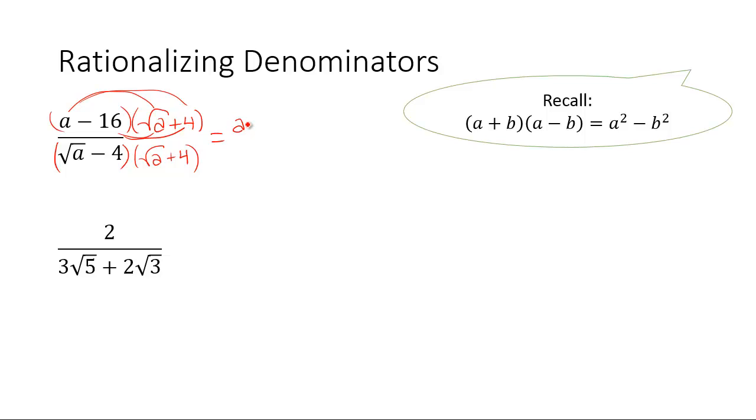So first times first gives you a root a, and then you have plus 4a minus 16 root a and minus 16 times 4, which is 64, over, and now this conjugate will be a squared, root a squared, which is a, minus 4 squared, which is 16.